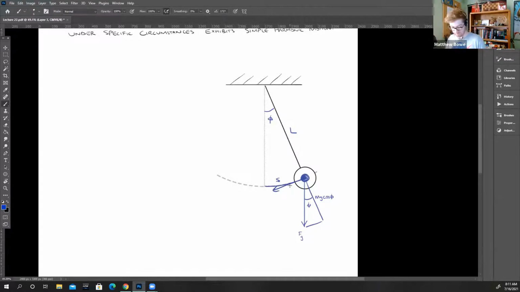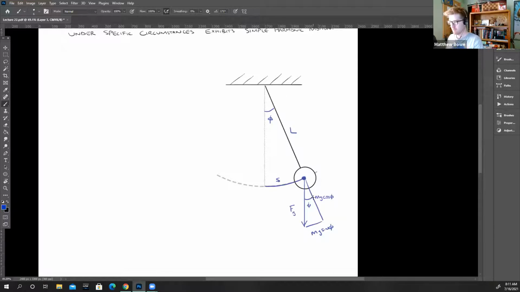Let's say it's going that way. So that will be this side right here. So that's mg sine of phi. And since I'm putting that right there, let me put the F sub g right there. So that's the hypotenuse.